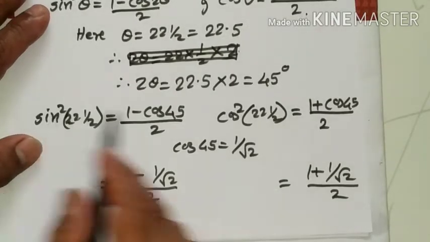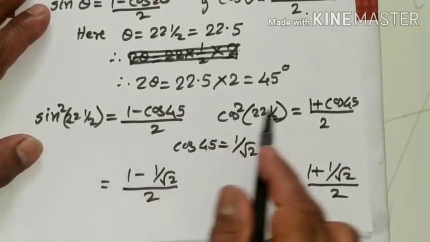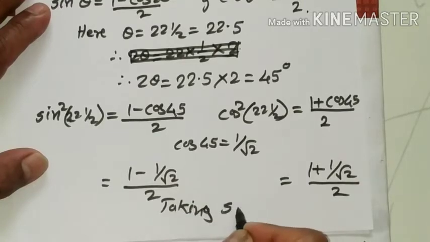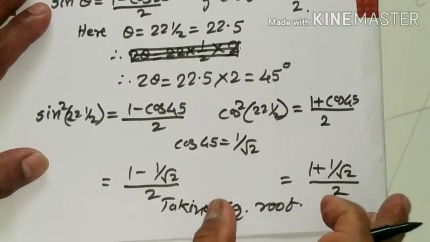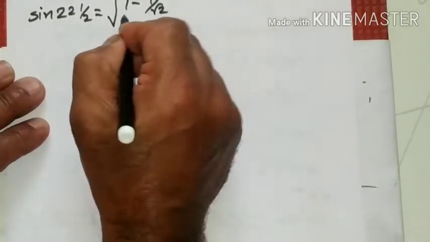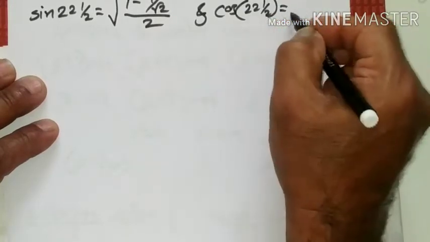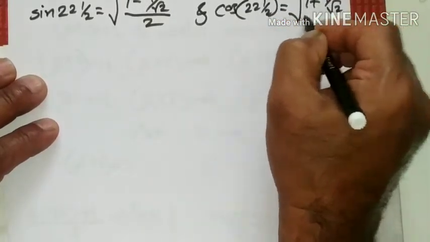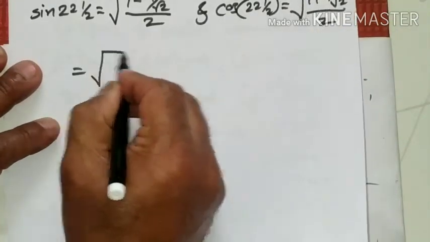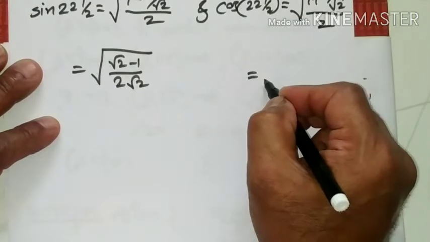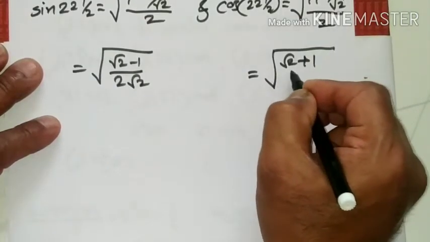Then taking square root on both sides, sin 22 and half is equals to square root 1 minus 1 upon root 2 divided by 2, and cos 22 and half is equals to square root 1 plus 1 upon root 2 divided by 2, which is equals to root 2 minus 1 divided by 2 root 2, and root 2 plus 1 divided by 2 root 2.